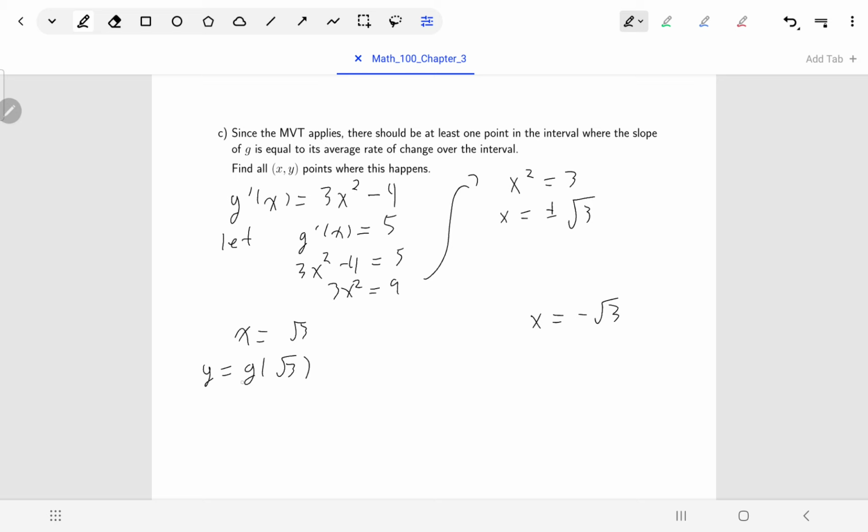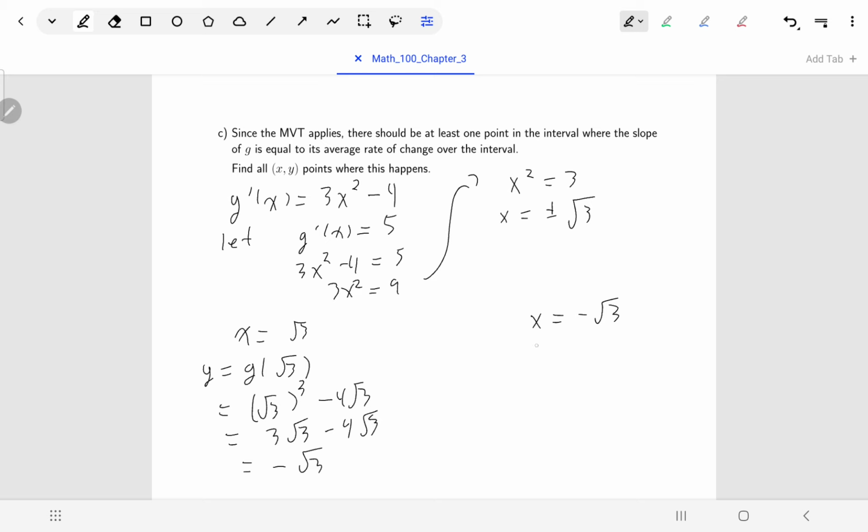Here I want to find the y value when x is root 3, so I'm putting root 3 inside my original function g of x. I've got root 3 cubed minus 4 times root 3. Root 3 cubed is 3 root 3, so we wind up with 3 root 3 minus 4 root 3, or negative root 3. I'll do the same thing for the second point.